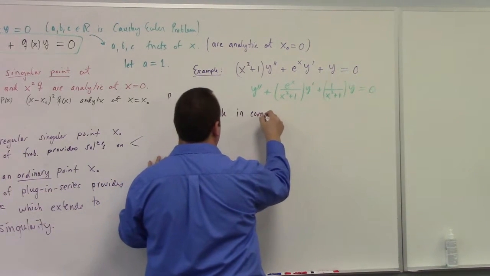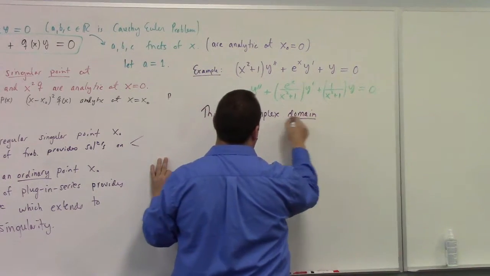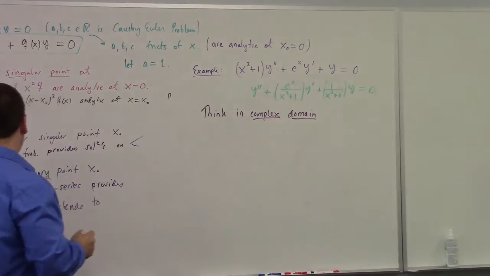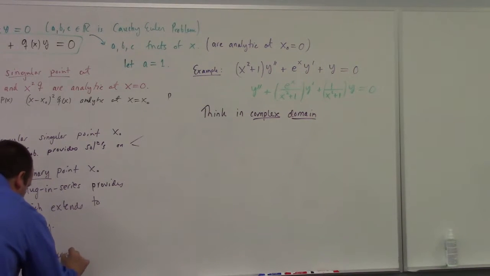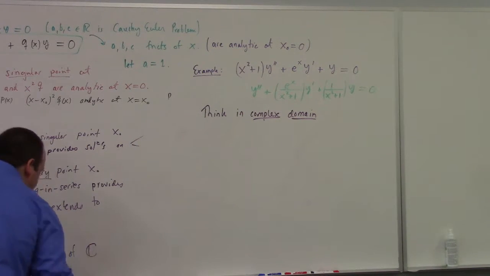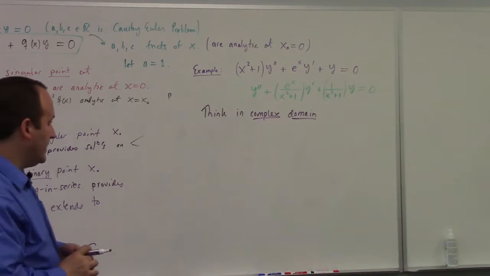Okay, now we have to think in the complex domain. So this nearest singularity is in the sense of the complex plane. You locate the singularities in the complex plane.